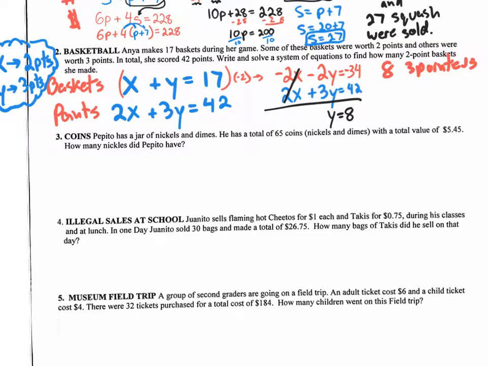So how do you find the other one? You substitute back in, plug it in. So if I take the 8 and put it right into the top equation, that'd be easiest. It would say x plus 8 equals 17. So let me write that. X plus 8 equals 17. And when you subtract 8 on both sides, you'll get x equaling 9.